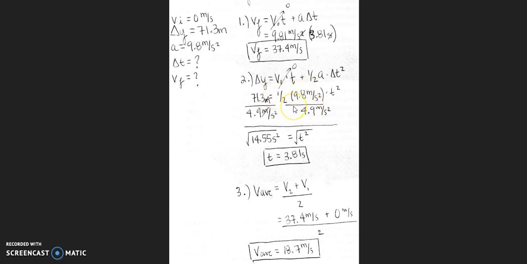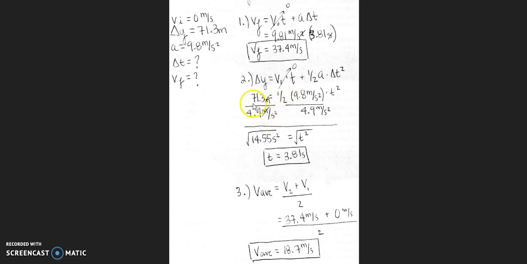In order to get t by itself, you have to divide both sides by 4.9 meters per second squared. So when you take a height of 71.3 meters and divide it by an acceleration, the meters cancel out, and you're left with seconds squared.